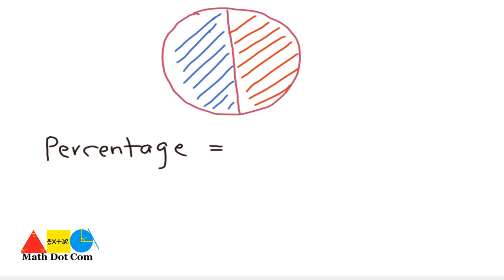So when we find the percentage of the blue, we will say out of two parts, that is blue and red, we have one part that is blue.